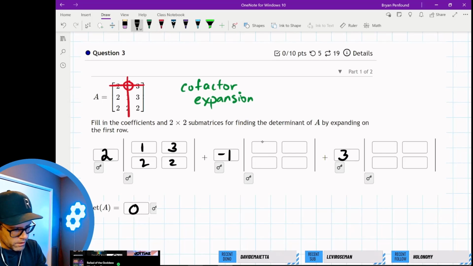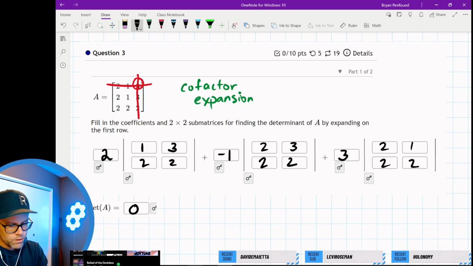The minor here is 2, 3, 2, and 2. And then finally, we'll move over to 3, and we should have 2, 1, 2, and 2. So that's what we're looking at here. Just be mindful here that we may have to do a little bit of work, right? So each of these are 2 by 2 determinants.